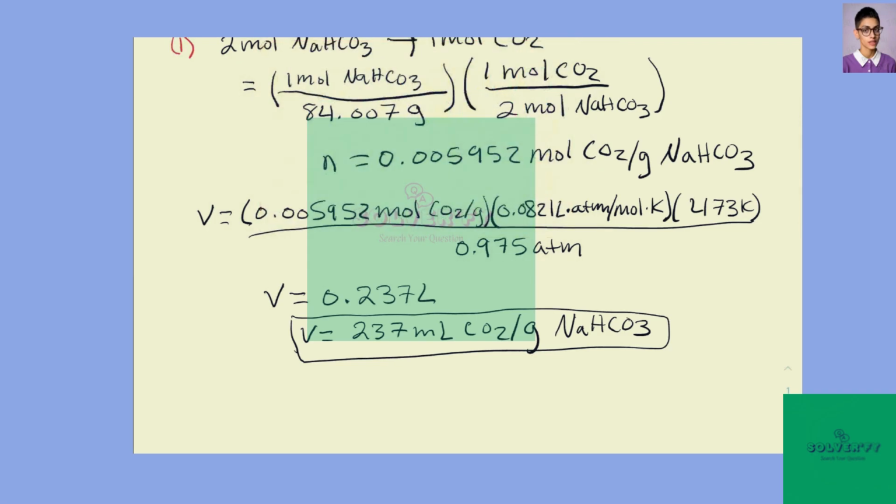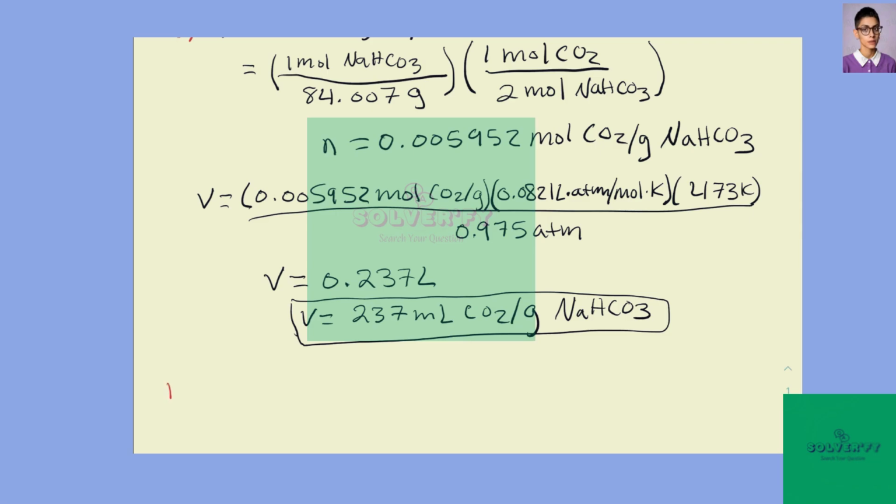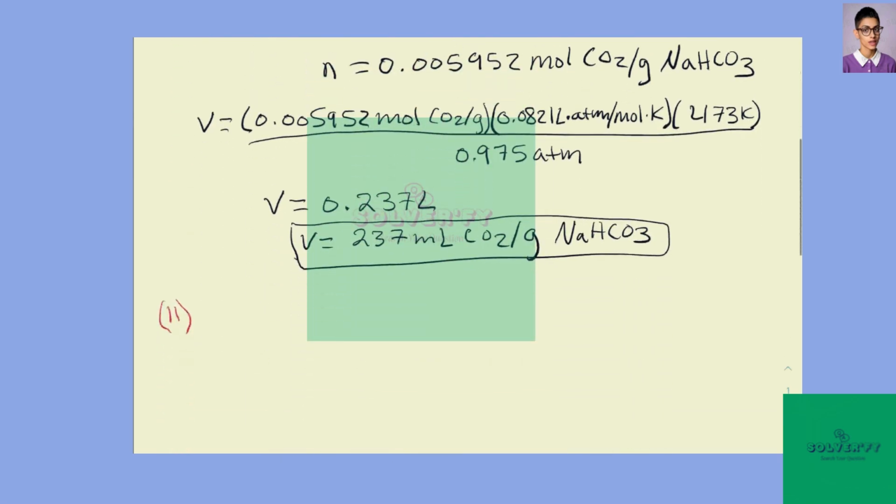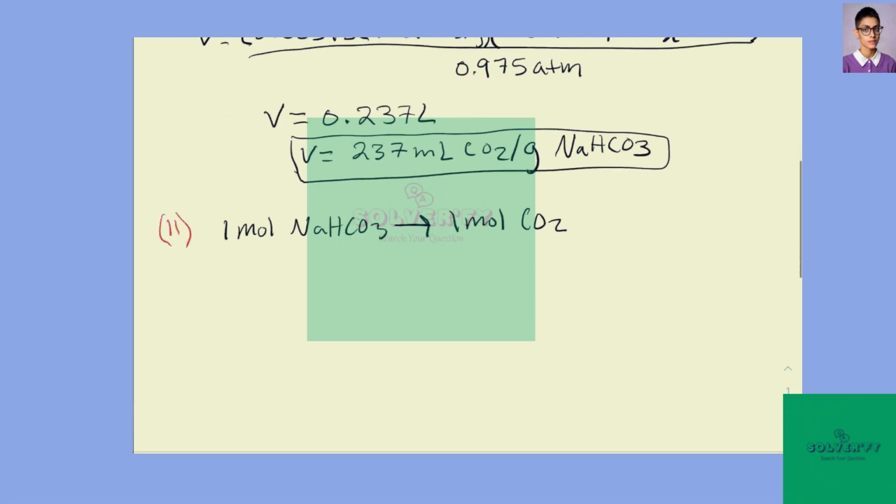Alright, so for the second reaction, we see that 1 mole of our sodium bicarbonate produces 1 mole of our CO2. So we're going to do the exact same process as we did for reaction 1.